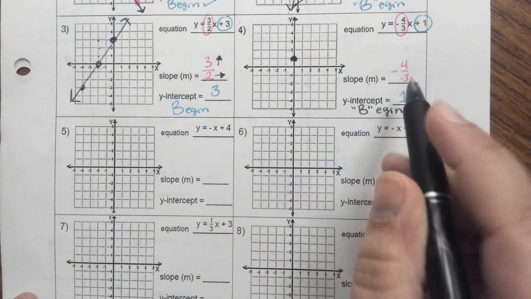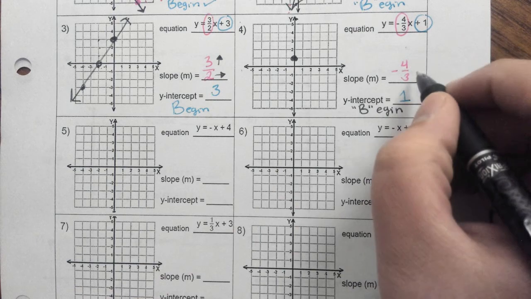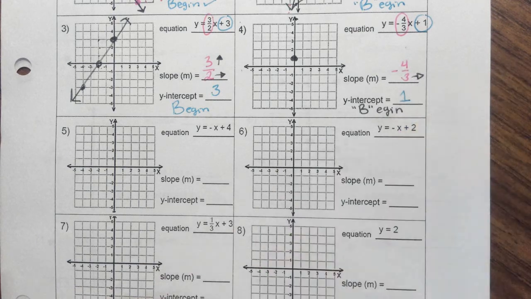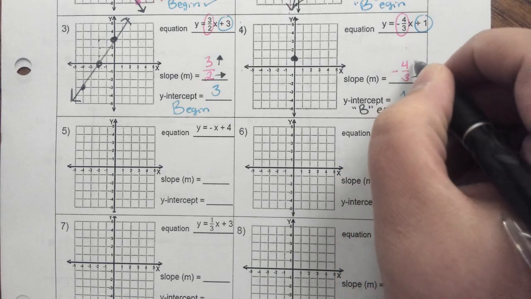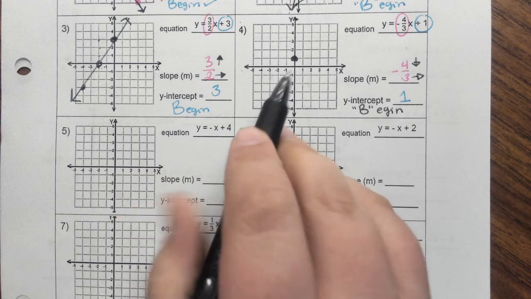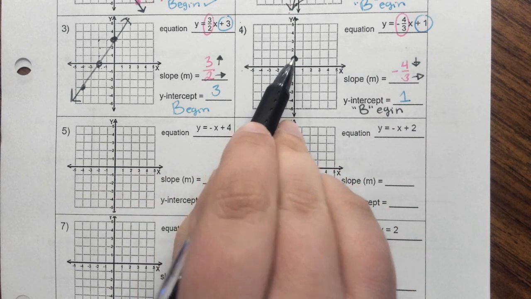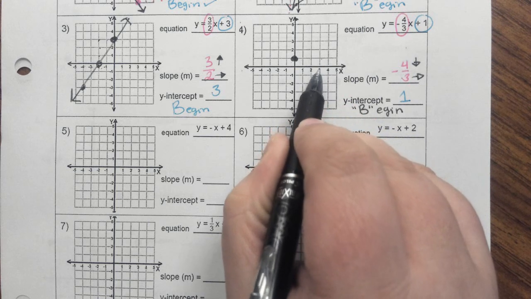Then we're using our slope to find all of the other ordered pairs. This is rise over run, and we always run to the right first. This is negative, so we're going to rise down 4 times. So from this beginning point, we go right 3 times and down 4 times.